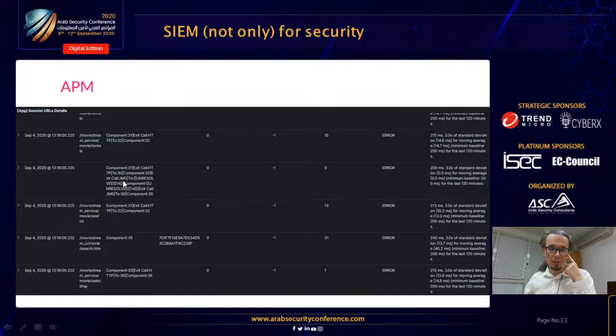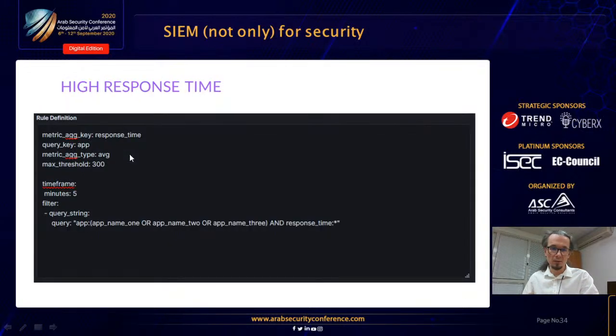With this, we can check whether the application failure results from a single component failing or multiple components failing and so on. So this is the statistical data that can be used.